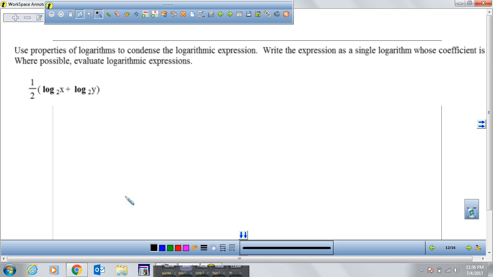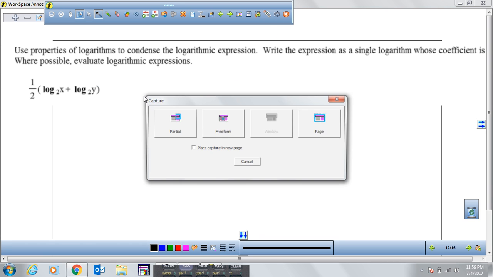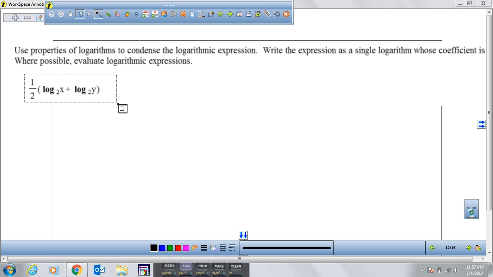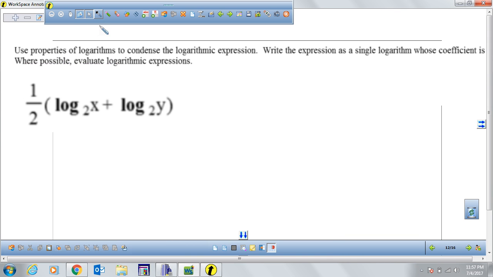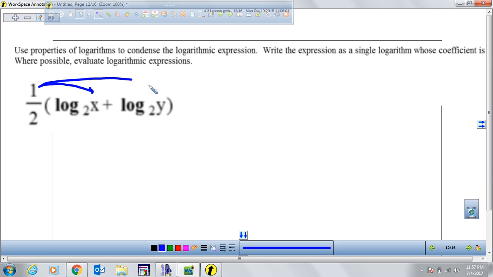Since everything is in the parentheses with the 1/2 on the outside, that 1/2, in reality, is the power of both the x and the y. So we can rewrite this as log base 2 of x raised to the power of 1/2 plus log base 2 of y raised to the power of 1/2.